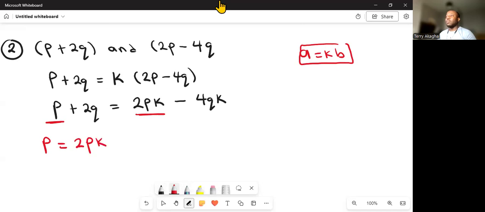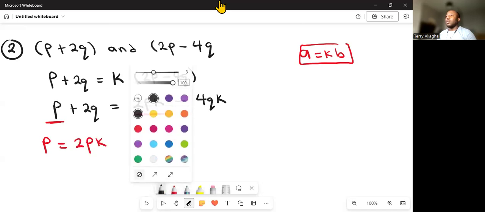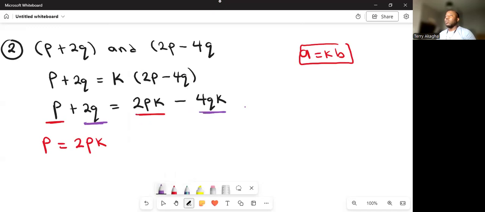So that means for these two vectors to be parallel, P must be equal to 2KP, and the other one, 2Q, must be equal to minus 4KQ. Are you seeing it?